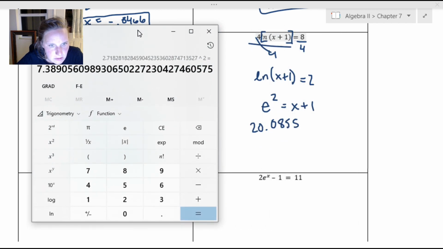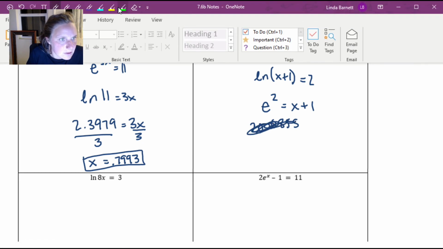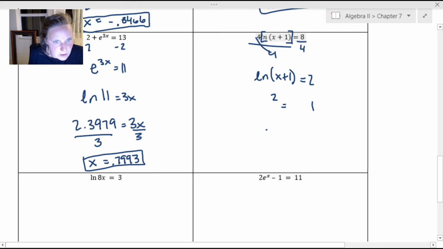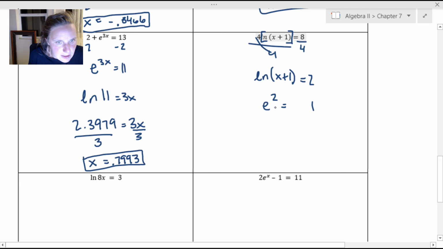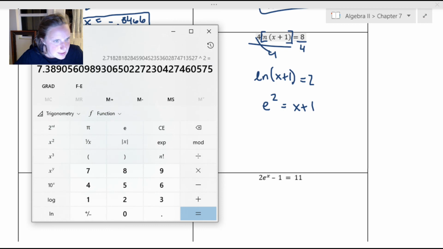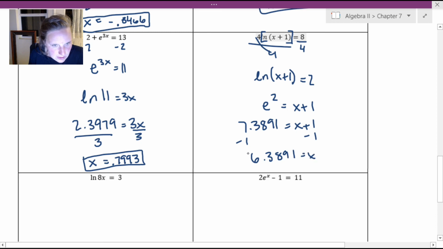Yeah. This is wrong. Okay. So it's not that. E to the power of 2 is x plus 1. So e squared is 7.3891. 7.3891 is equal to x plus 1. And we subtract 1 from both sides, and we get 6.3891 is equal to x. Well done. Great.